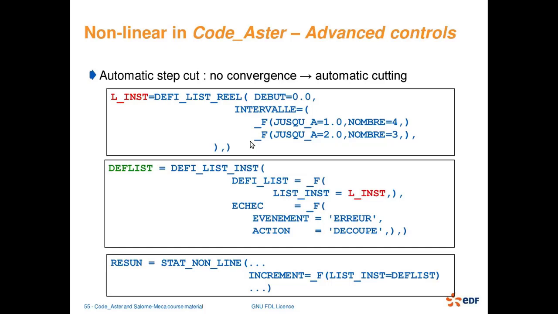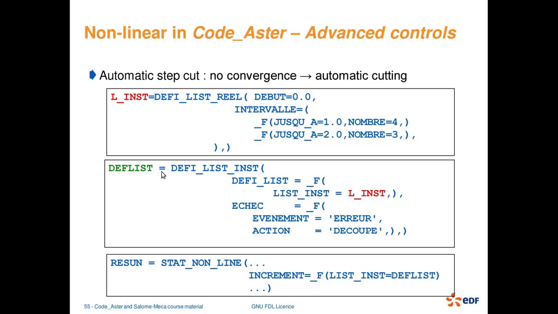If at any time step it does not achieve the correct solution, it does not converge, then what I can say is you check the event of error, that means the convergence is not achieved, and if it is so, then the action is decoupe, that means you reduce the time step, cut down the time step. Okay.